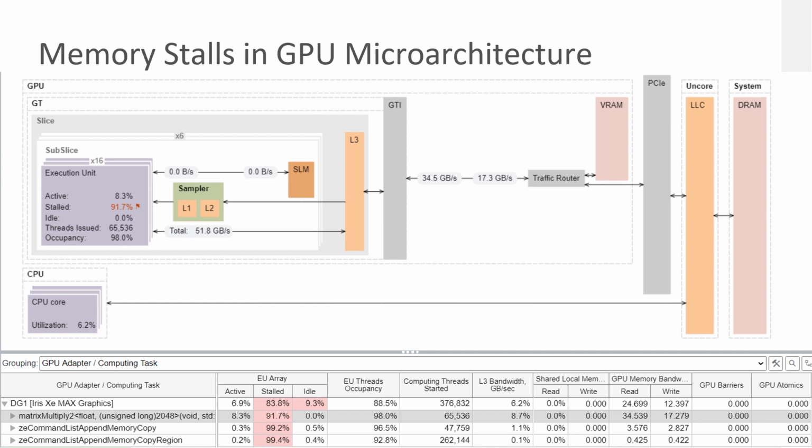Based on where these limits happen, you can decide how to more efficiently organize the memory access and how much data needs to be transferred between the execution unit and this or that memory source.